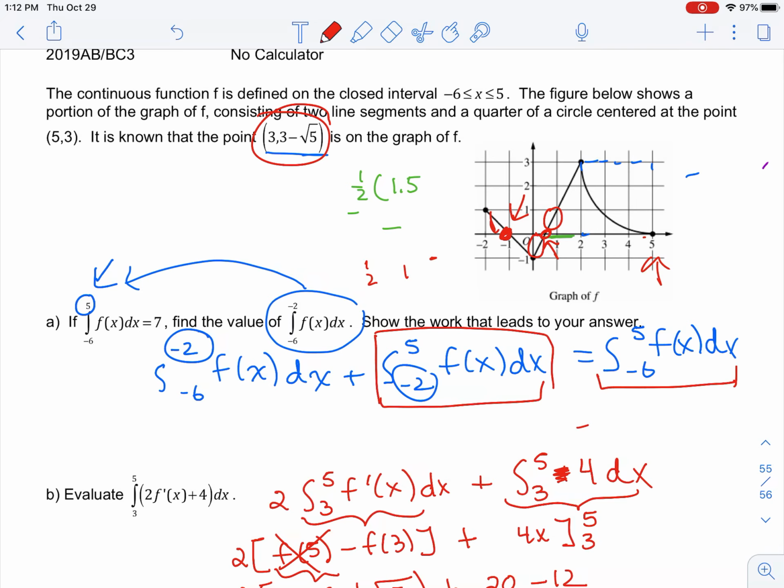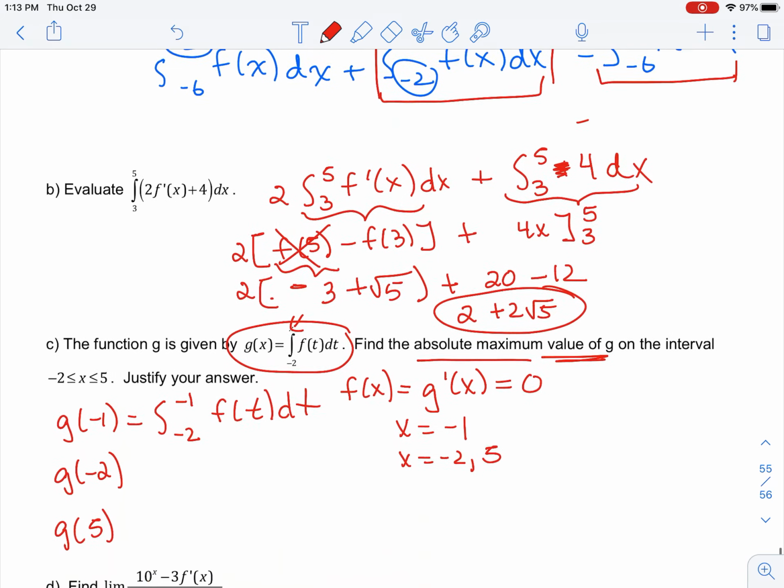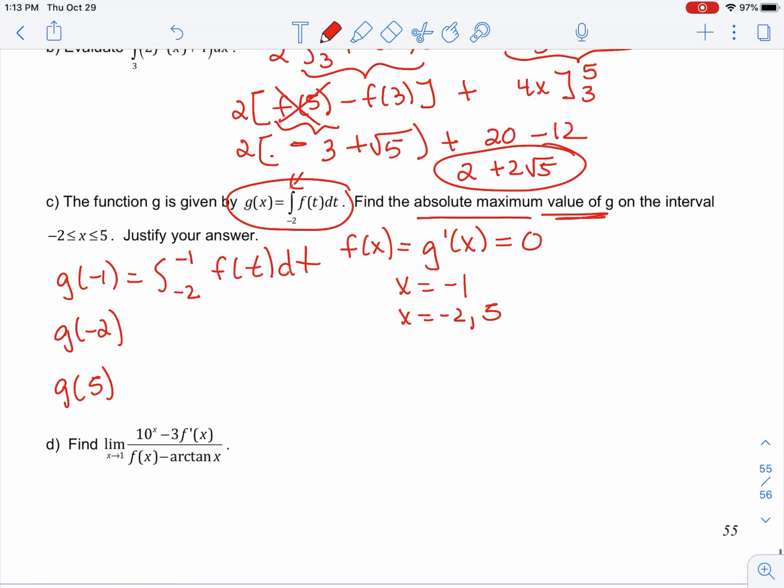From negative 2 to negative 1, notice, is this piece right here. And if you did that, you will get 1/2.